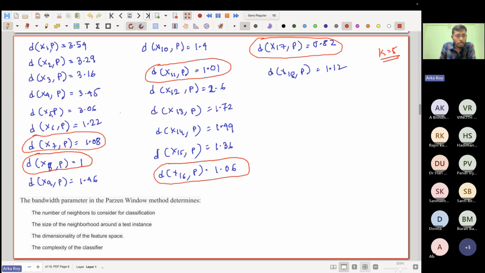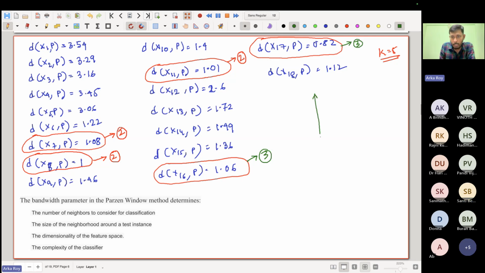By that logic, the 7th data point belongs to class 2, the 8th data point belongs to class 2, and similarly x11 also belongs to class 2. However, x16 belongs to class 3 and x17 belongs to class 3.